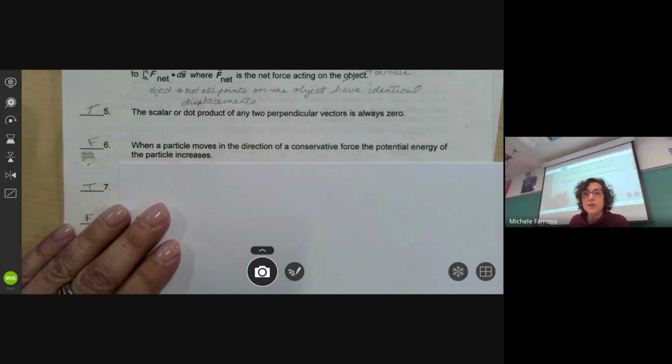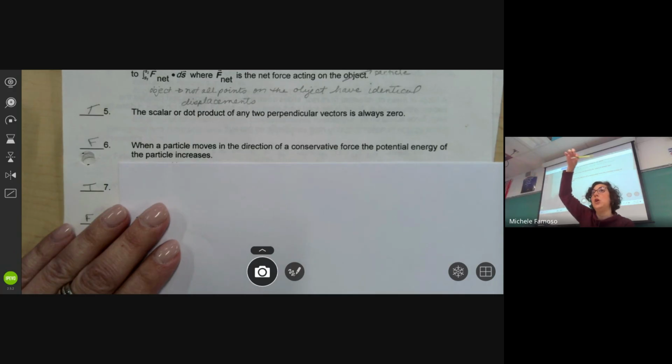When a particle moves in the direction of a conservative force, the potential energy of the particle increases. Why is that false? In the video, I told you what the best example of a conservative force was. What's the best conservative force we can think about? Starts with a G, ends with a Y. Mark? Gravity.